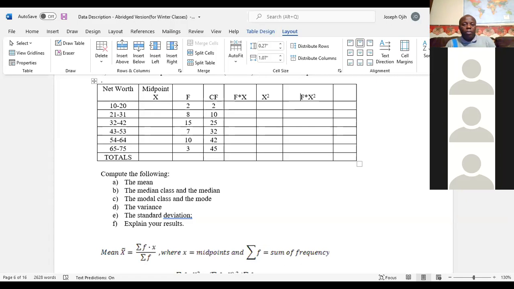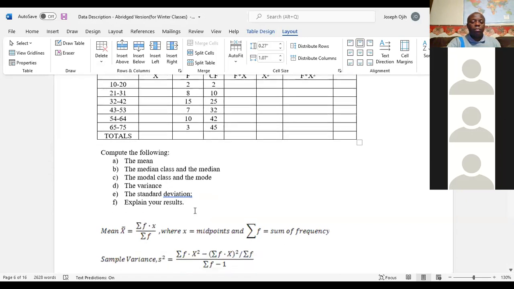Once we get everything here correct, we will be able to answer these questions: the mean, median class, and mode, then standard deviation and variance. Now let us start putting the information together. Let's start with the first one, the midpoint. The midpoint is always the lower class limit plus the upper class limit divided by 2.